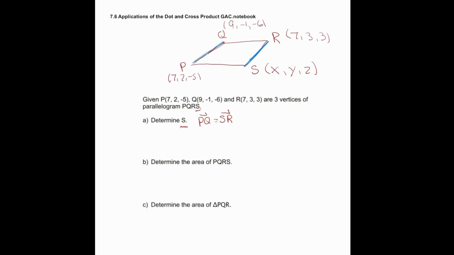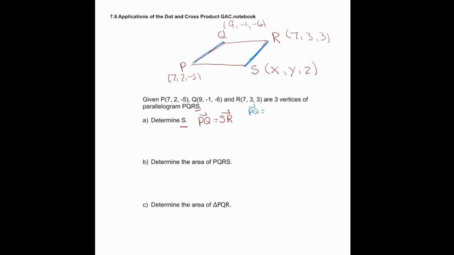If it's a parallelogram, that's what it's going to have to be. So we can do some math to figure out the length of each line segment and then work backwards. We're going to figure out the length of the side line segment PQ first of all.